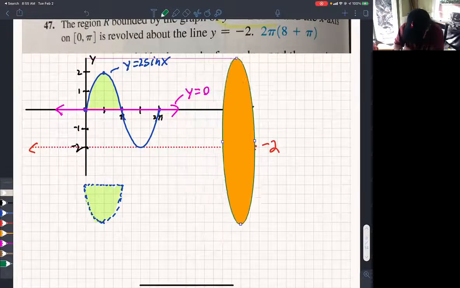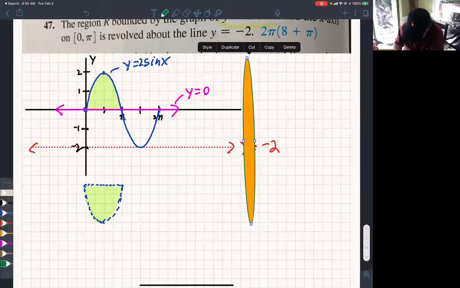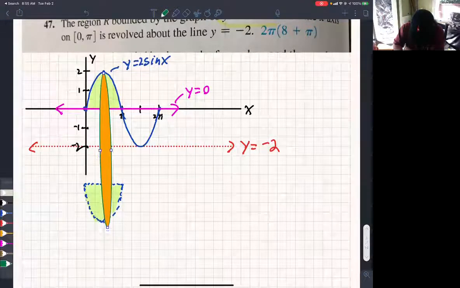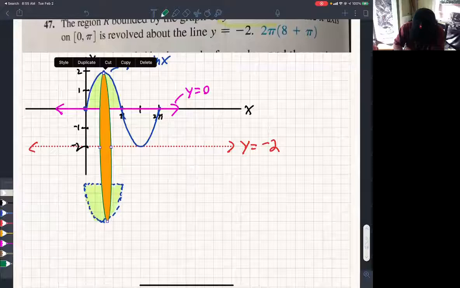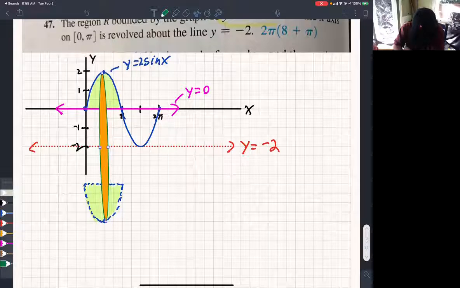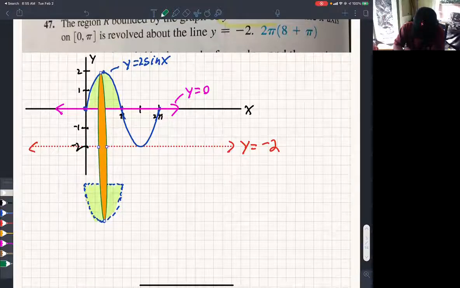I have to figure out how to copy and paste that, because if I can copy and paste that, I will be a very happy camper. It wasn't quite perfect because it's kind of tilted, but I'm happy. I'll take it. So that is one of the discs on the outer edge. Let me do another one for the left edge.